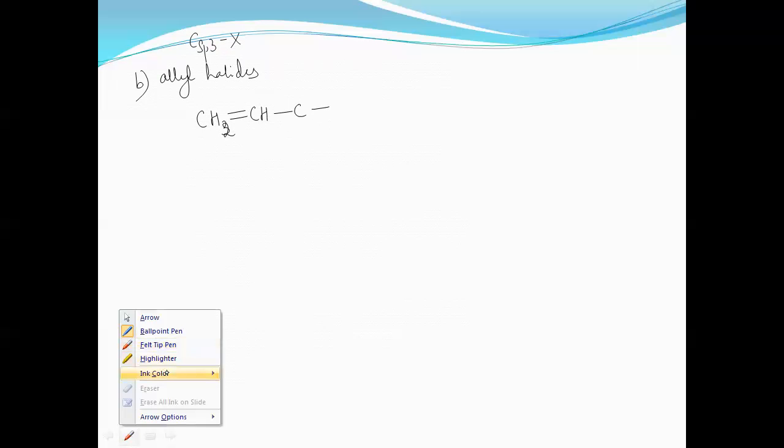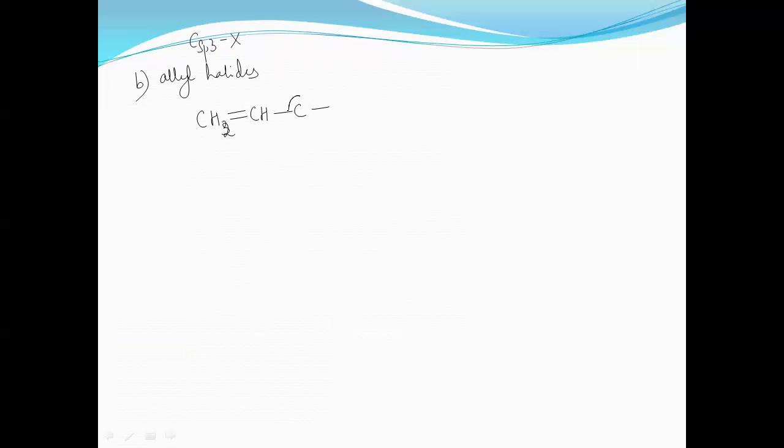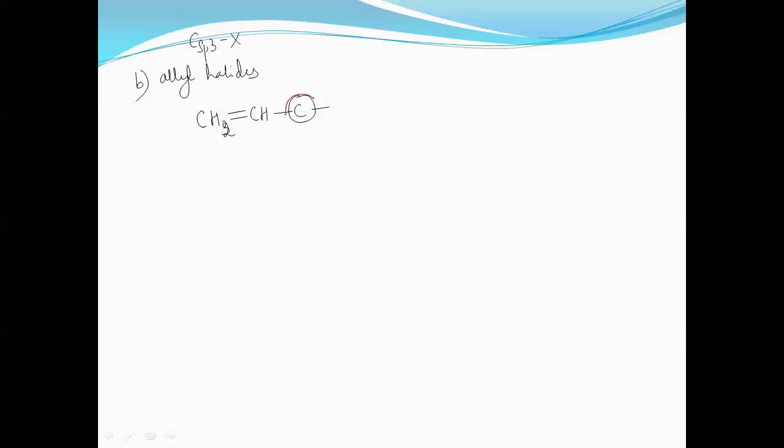So let's recognize what this allyl carbon is. This carbon which is attached to a double bonded carbon is called an allylic carbon.